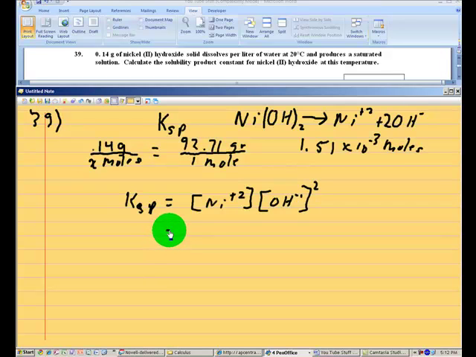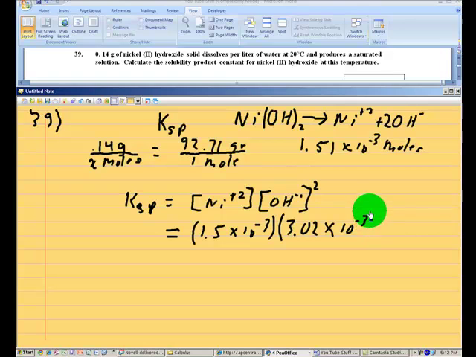So we can now take the values that they gave us, which is 1.5 times 10 to the minus 3 times 3.02 times 10 to the minus 3 squared. When you grind that out, you will find that the KSP value is 1.38 times 10 to the minus 8.